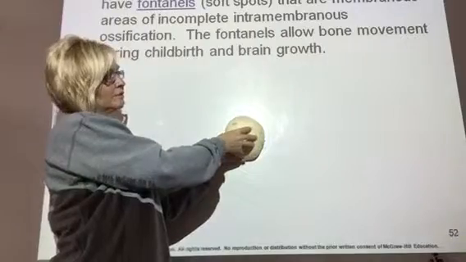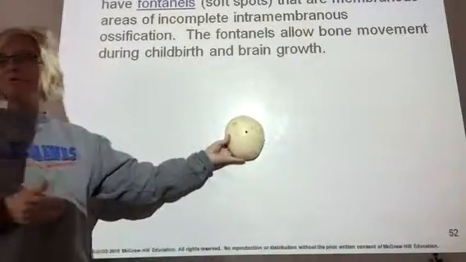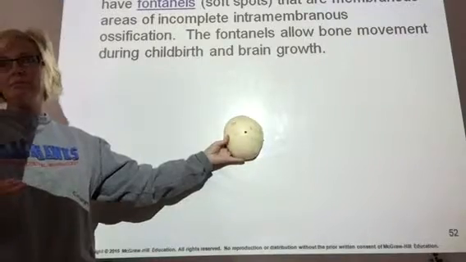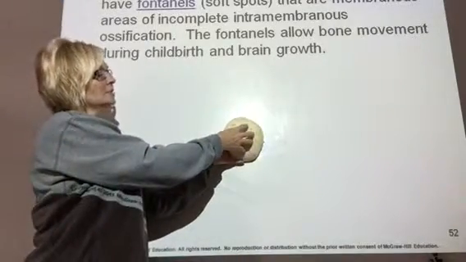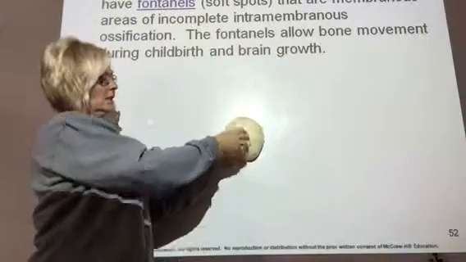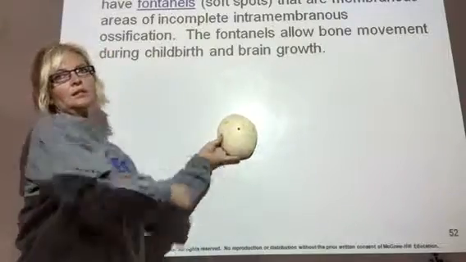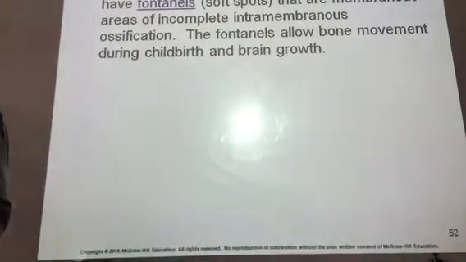And that allows for movement of the skull. It is a little bit of an exposed area when the baby is small because it's not nearly as protected. And then as the child grows and ages, those bones will start to actually fuse together, and that's where those sutures will be.